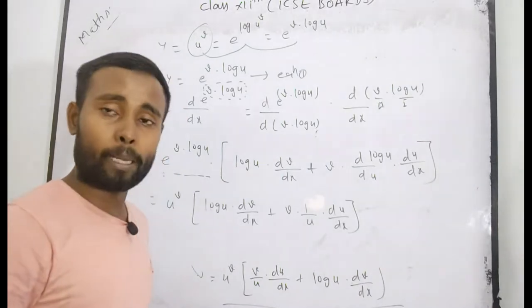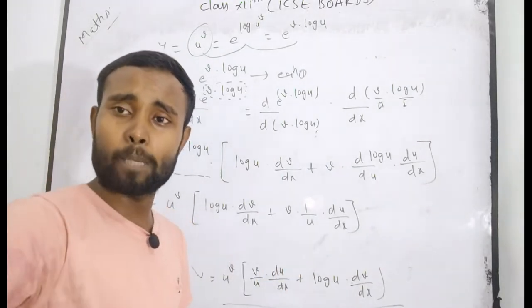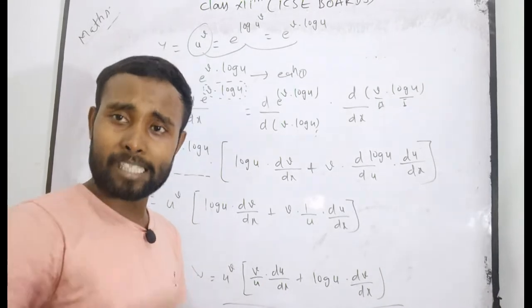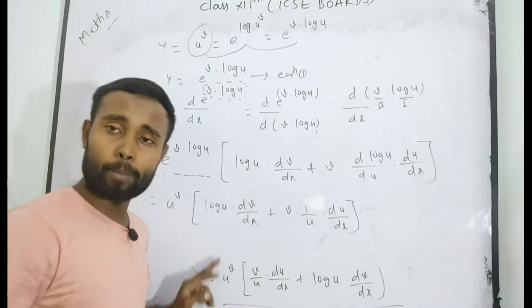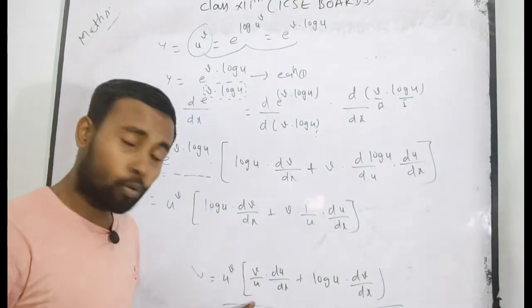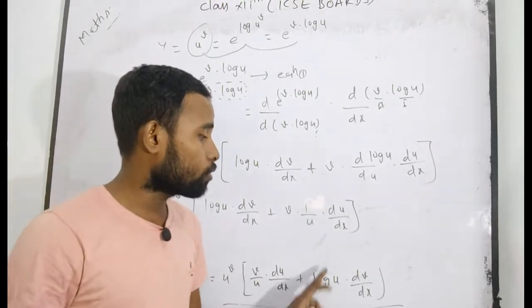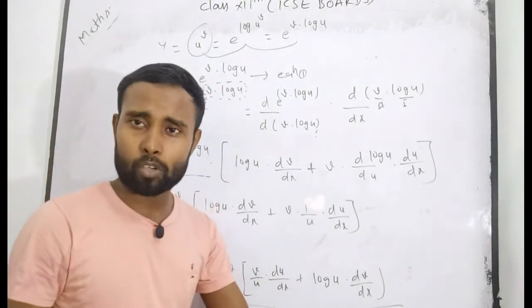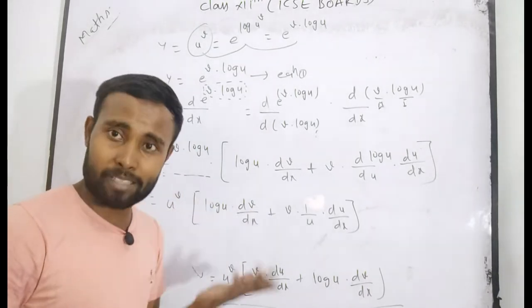If the given expression is u to the power v, then write u to the power v into v upon u into du dx plus log u into dv dx. You can directly solve it. Here you only have to identify which function is u and which function is v.